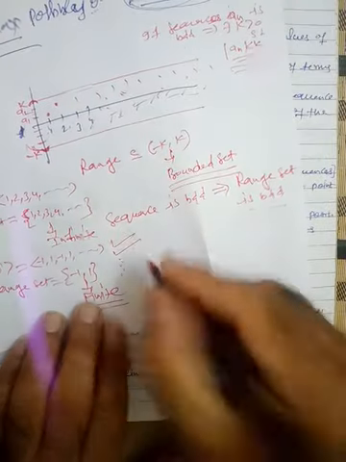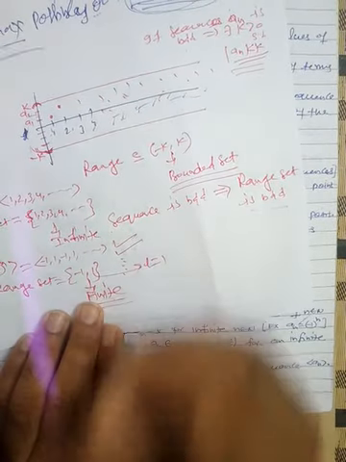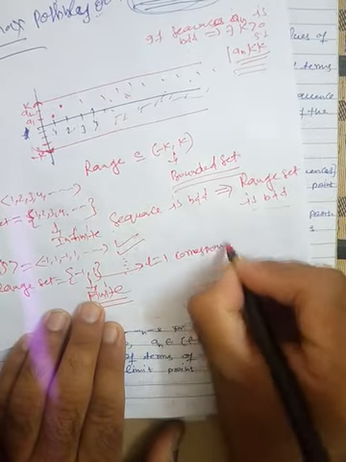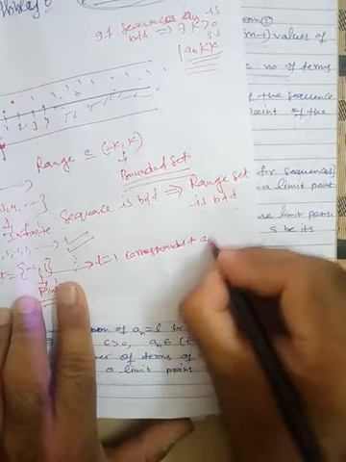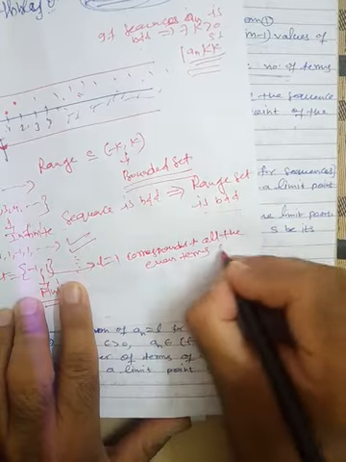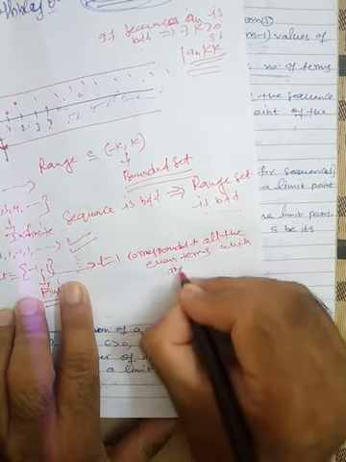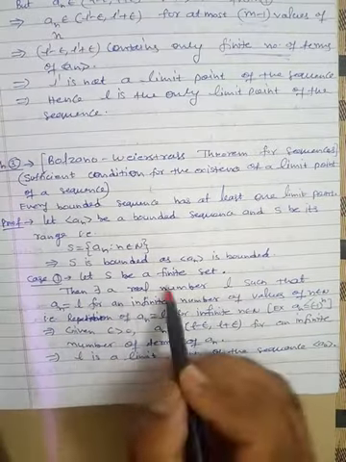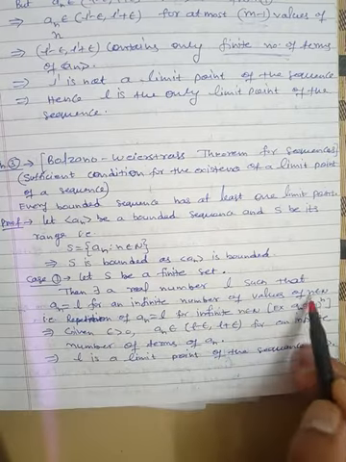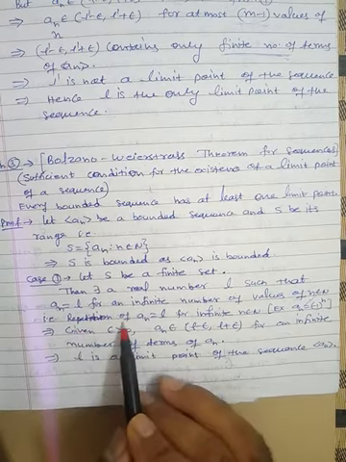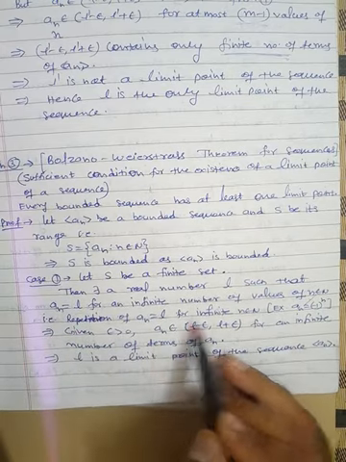For example, suppose L is 1 from here, then this 1 corresponds to all the even terms, which are infinite. That's why if a_n equals L in this case, then it corresponds to infinitely many n. That means repetition.